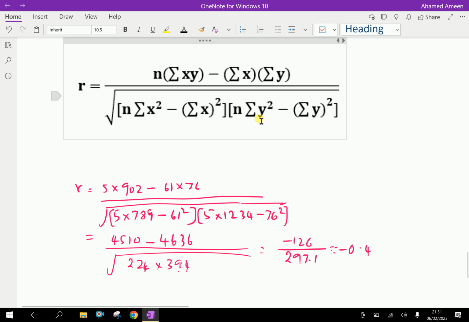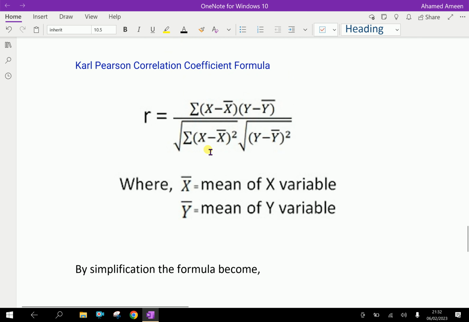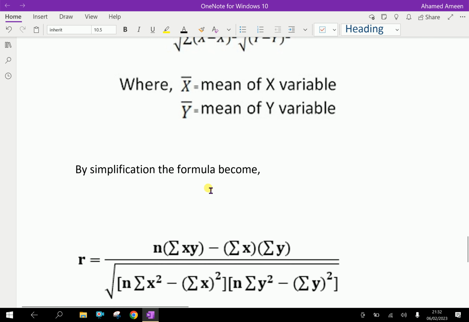For sigma y, n into sigma y square is 5 into 1234, minus sigma y whole square, which is 76 square. After simplification we get an R value of minus 0.4. It's a negative correlation. These variables have negative correlation.